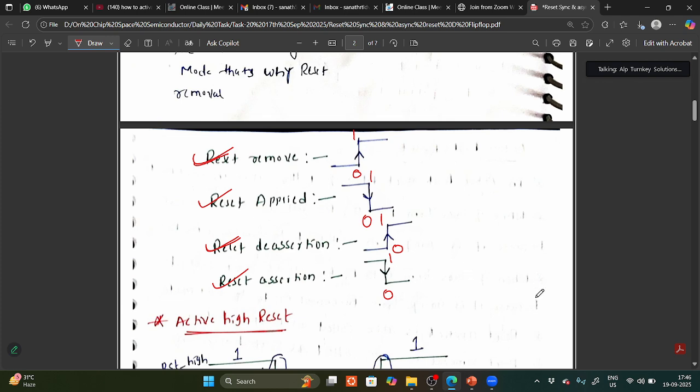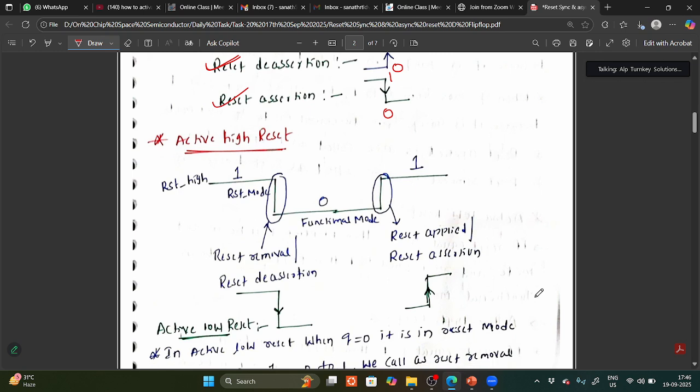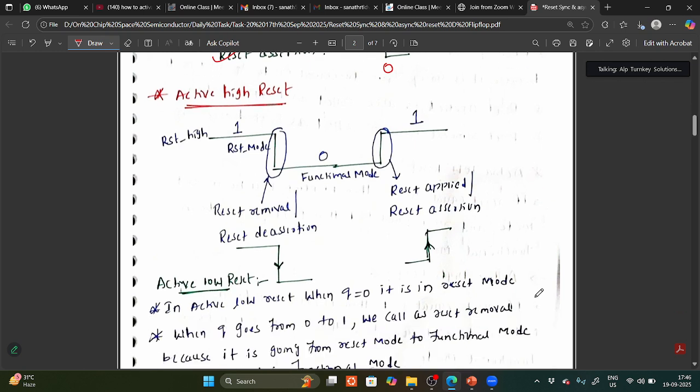Active high reset means when it is 1 it is in reset mode, and when it is 0 it is in functional mode. When it is going from 1 to 0, that is reset removal, or reset deasserted, and when it is going from 0 to 1, that is reset applied.